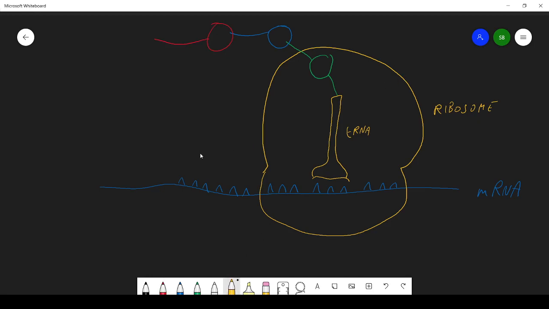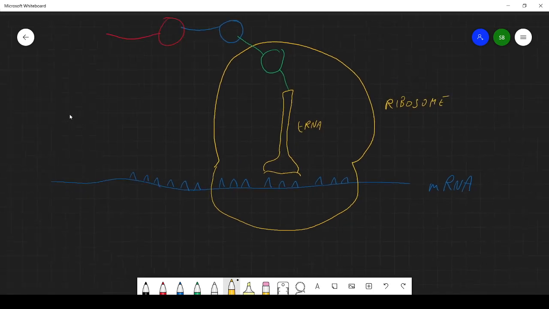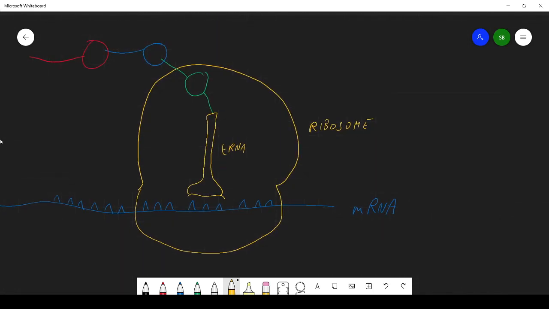Let's see if I can move this whole thing to the side. Here's another tRNA, and it's got its own amino acid attached to it.